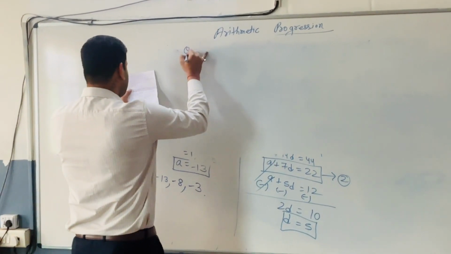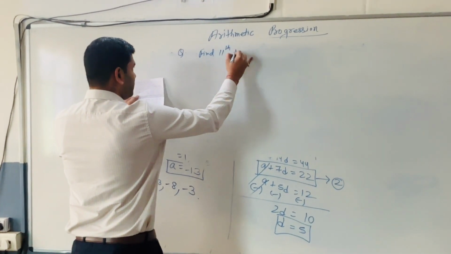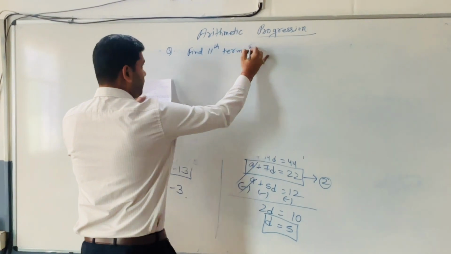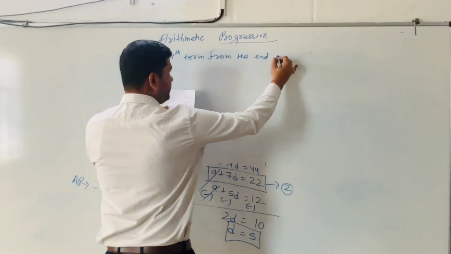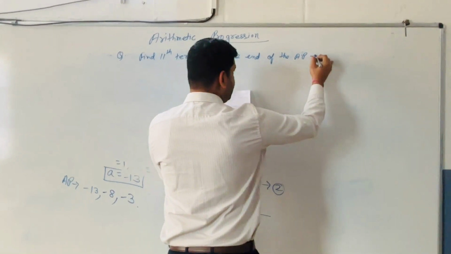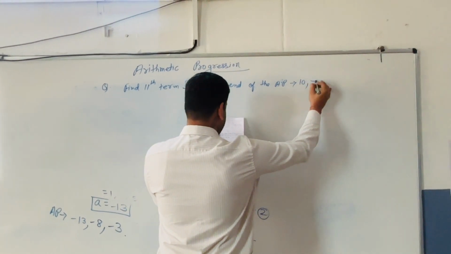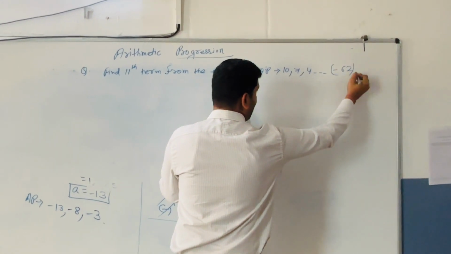So if anybody asks you to find the 11th term from the end of the AP, the AP is already given, so no need to worry about it. The AP is 10, 7, 4, and so on up to minus 62. The last term is given to you.